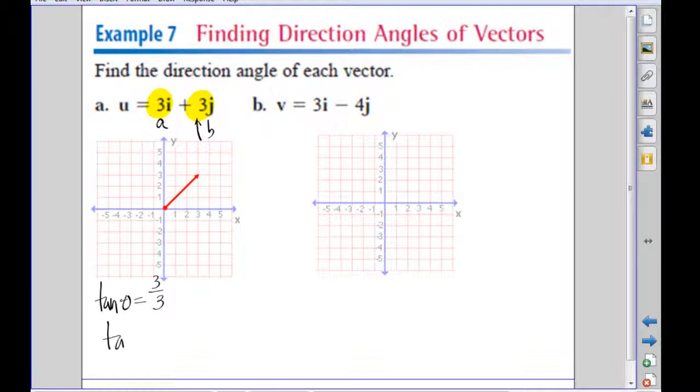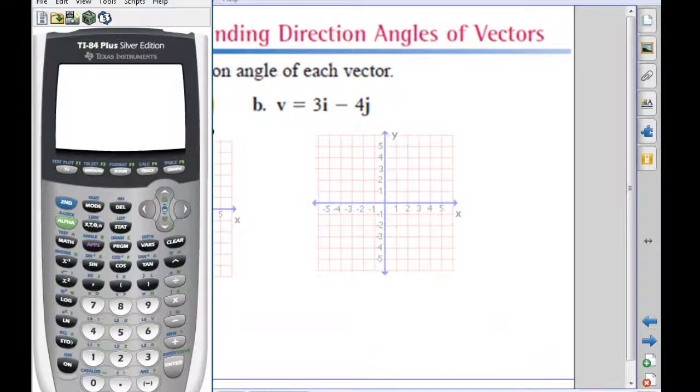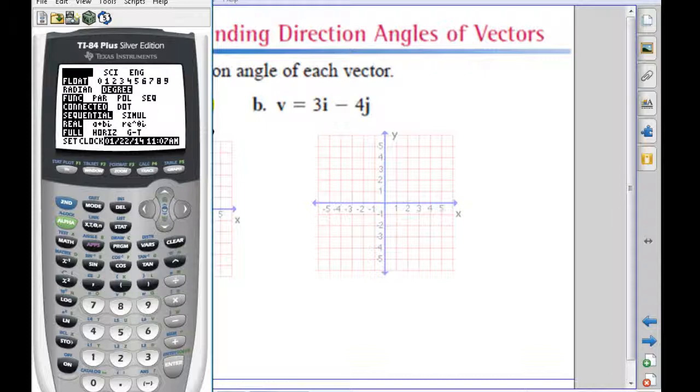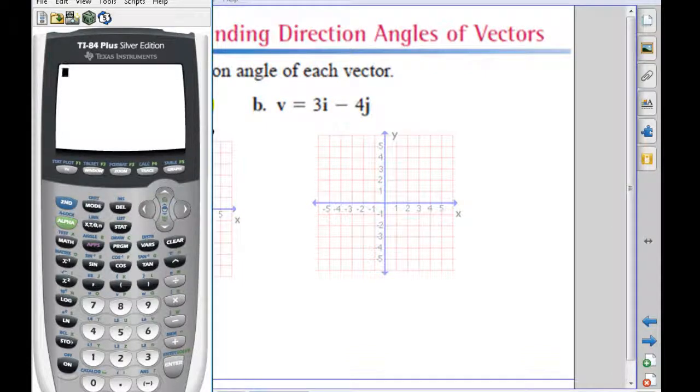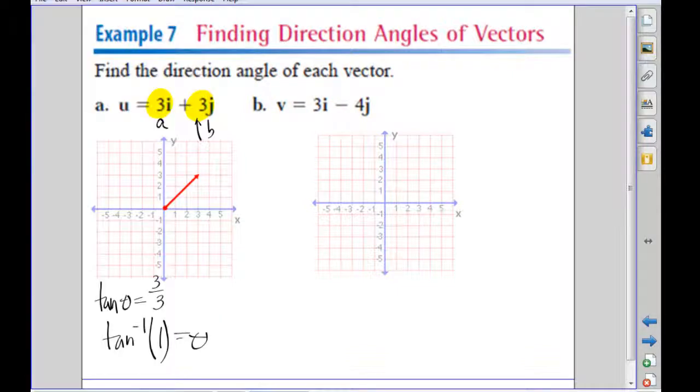Well, 3 over 3 is 1, so the inverse tangent of 1 equals theta. Let's plug this into our calculator, but before we do so, let's make sure we're in degree mode. Inverse tan of 1 equals 45 degrees, which makes sense because we're in quadrant 1. So theta is 45 degrees.